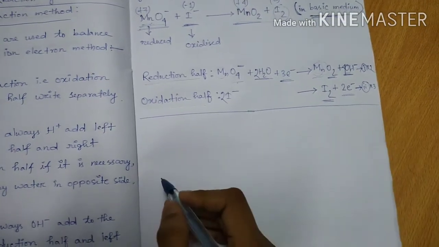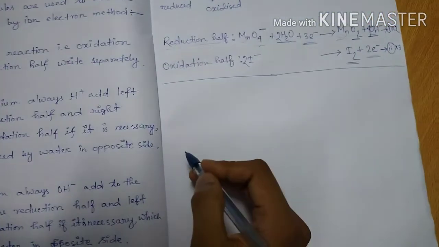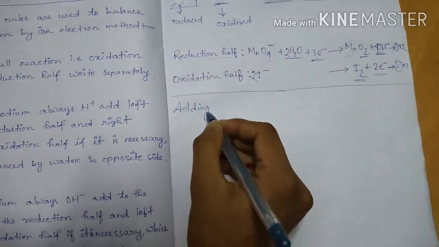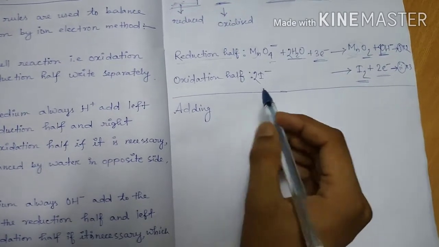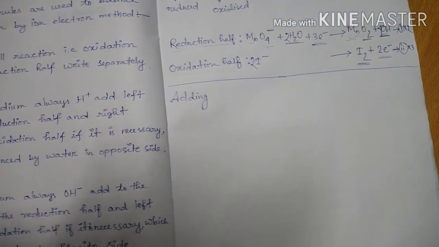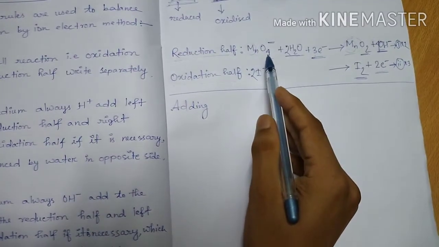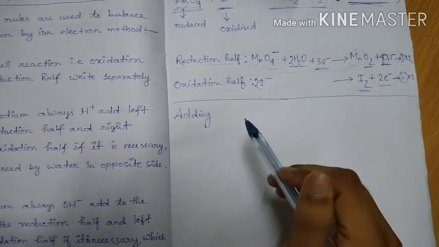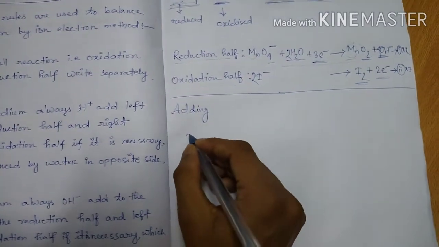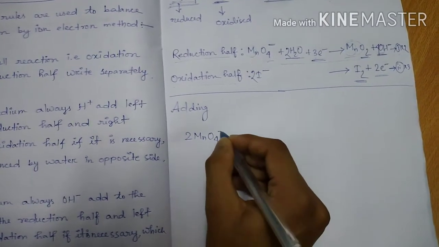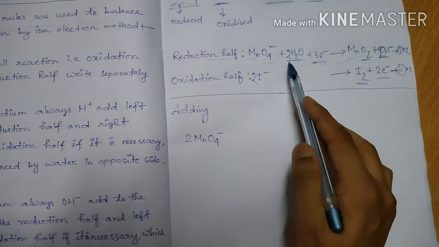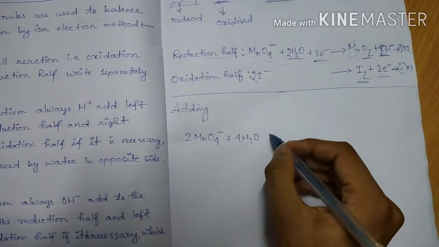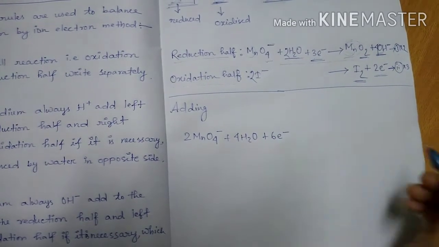Okay, so now let me add these two half cell reactions. So this will become 2MnO4 negative because we have multiplied equation 1 by 2, and this will become 4H2O, and this will become plus 6 electrons.